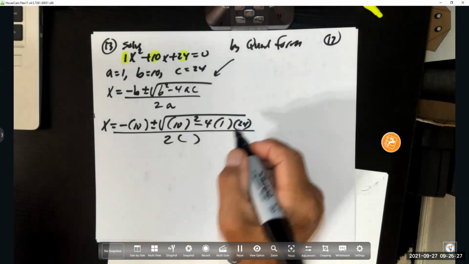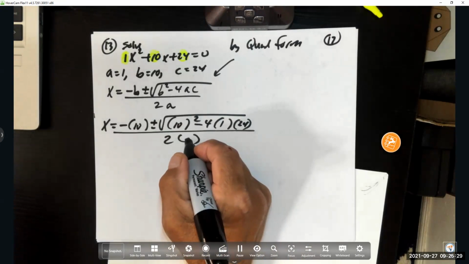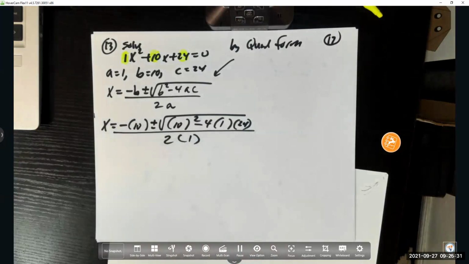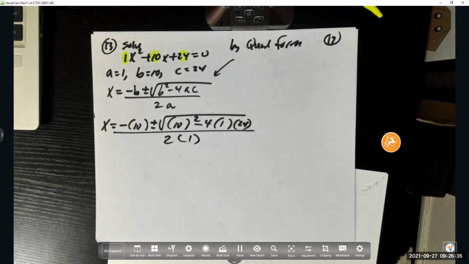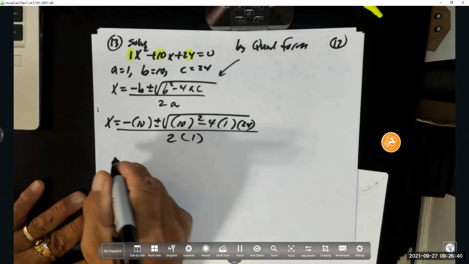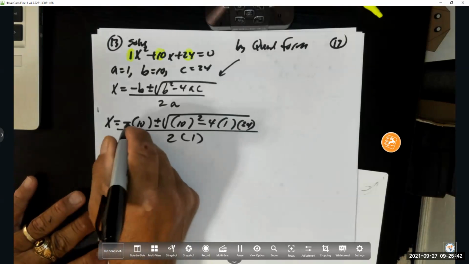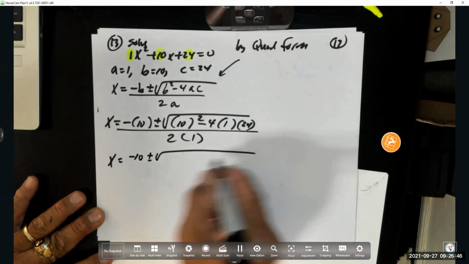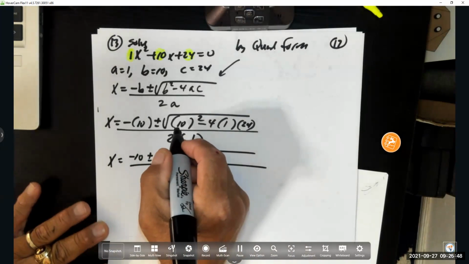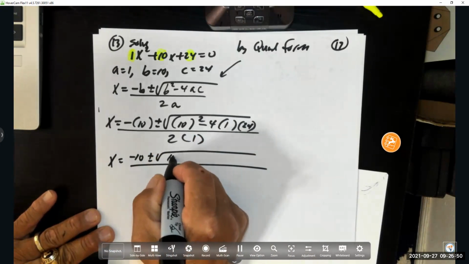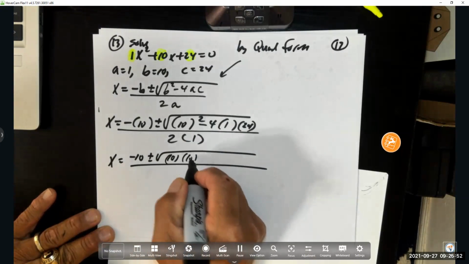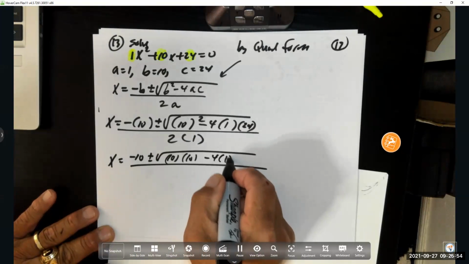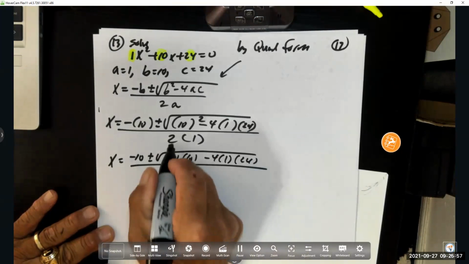And what is letter A again? 1. Okay, does everybody see where I get those numbers from? Yes. Okay. So now I'm gonna work it out. Ready? This is gonna be a negative or positive. That's just negative 10. Plus or minus. And over here, 10 times 10. I'm gonna do that in a little bit. Okay, not right now. And 2 times 1 is 2.